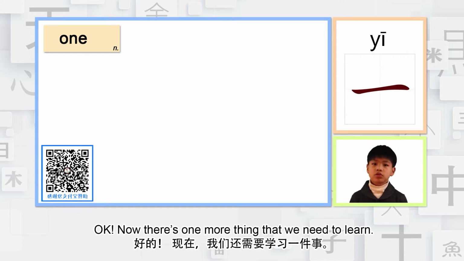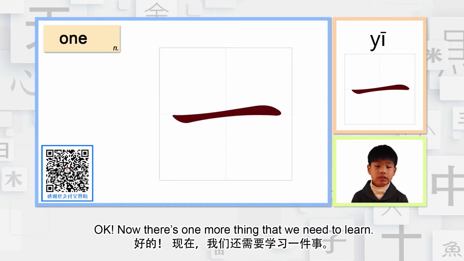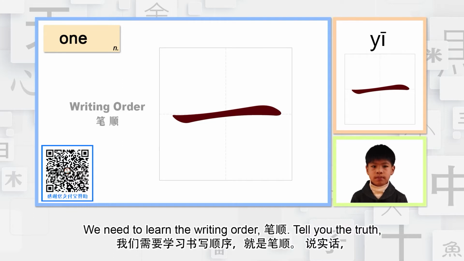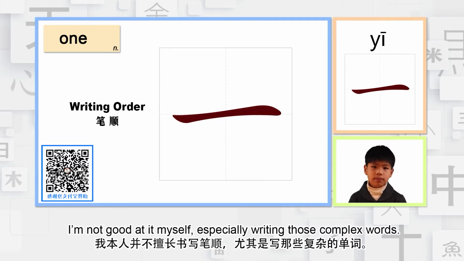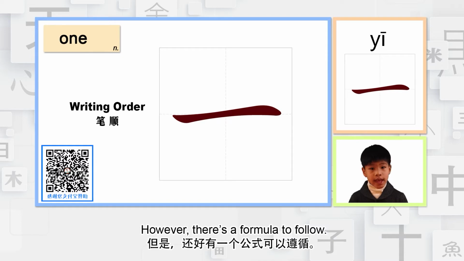Now, there's one more thing that we need to learn. We need to learn the writing order, 笔顺. Tell you the truth, I'm not good at it myself, especially writing those complex words. However, there's a formula to follow.